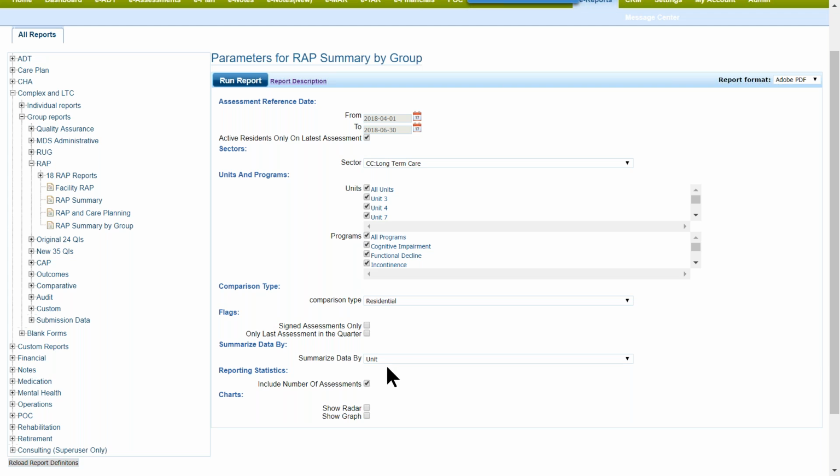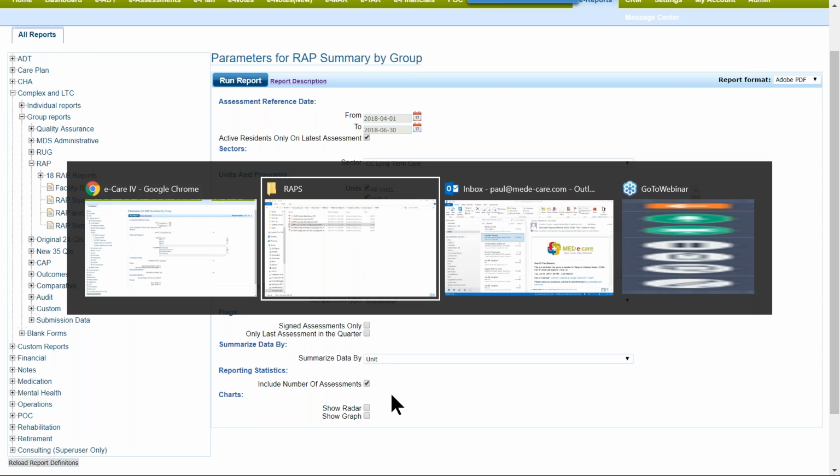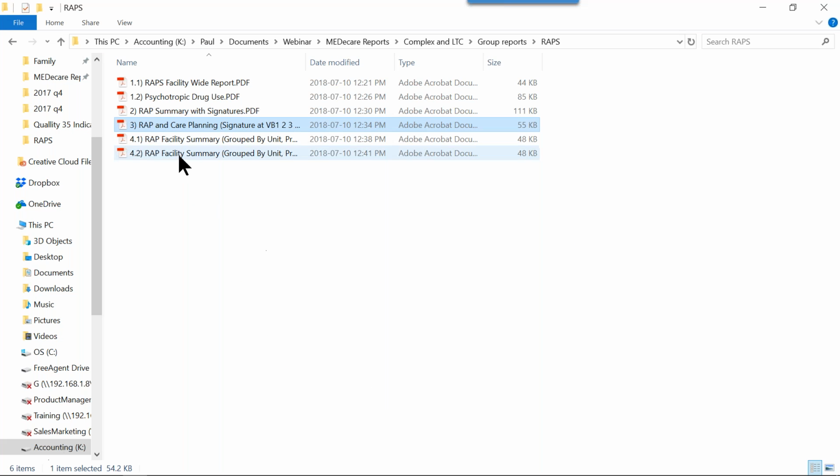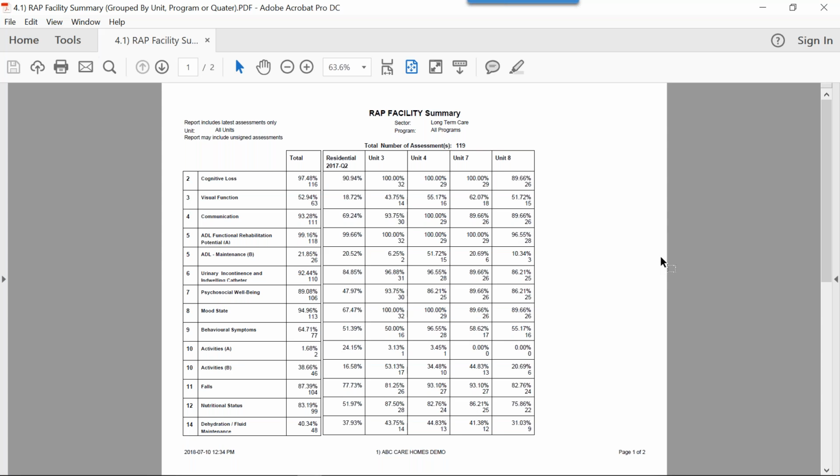So looking at the data by unit might be interesting to do that. Now you can also graph this data as well if you want to show pretty pictures. And let's just see what this report looks like. So this one here, I've done two different reports. We'll talk about this one in a moment. Let's look at this one where we group the data by unit.